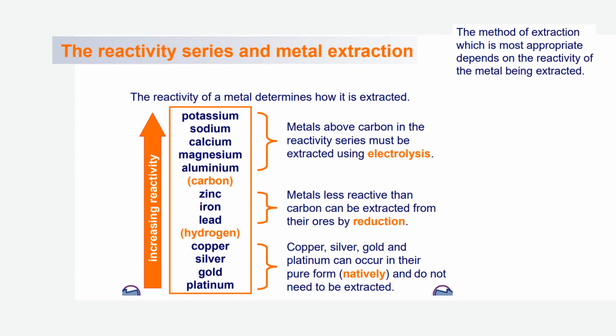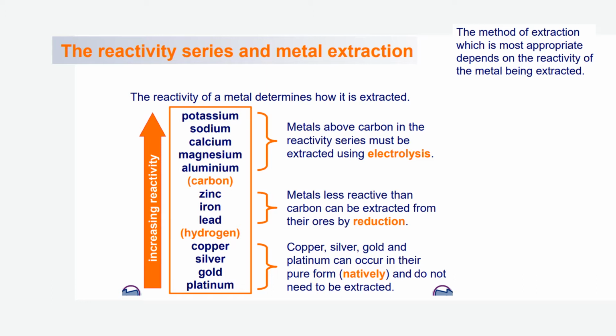The reactivity series and metal extraction. The method of extraction which is most appropriate depends on the reactivity of the metal being extracted. The reactivity of a metal determines how it is extracted. Metals above carbon in the reactivity series must be extracted using electrolysis.